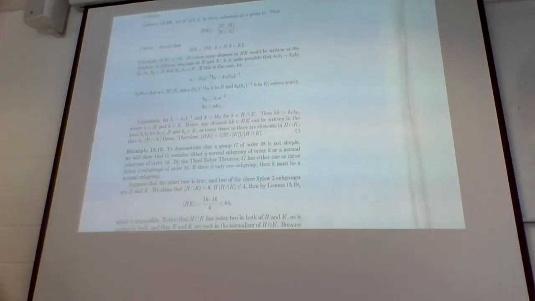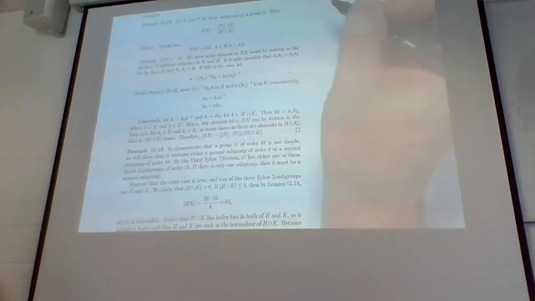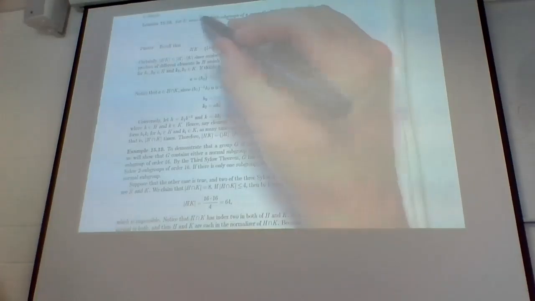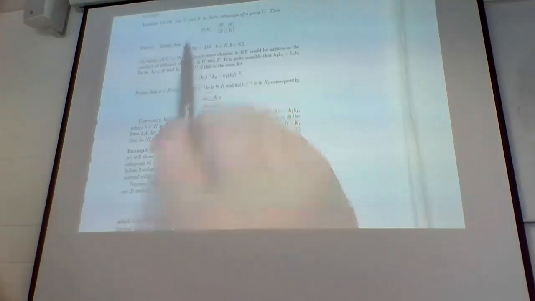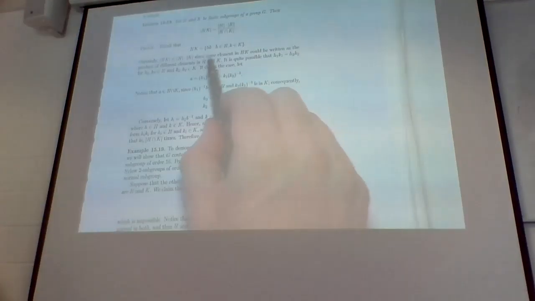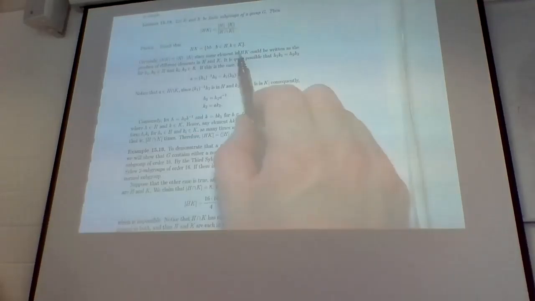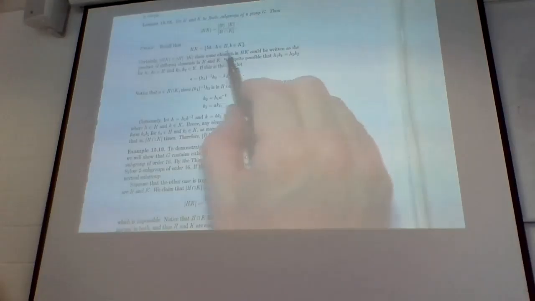So this lemma is about judging the size of a product of two subgroups. So it's quite general. H and K are any two subgroups of a finite group G. So the product of the two subgroups, well, this is all we know, in general this is only a subset. Under certain special circumstances, it's a subgroup.